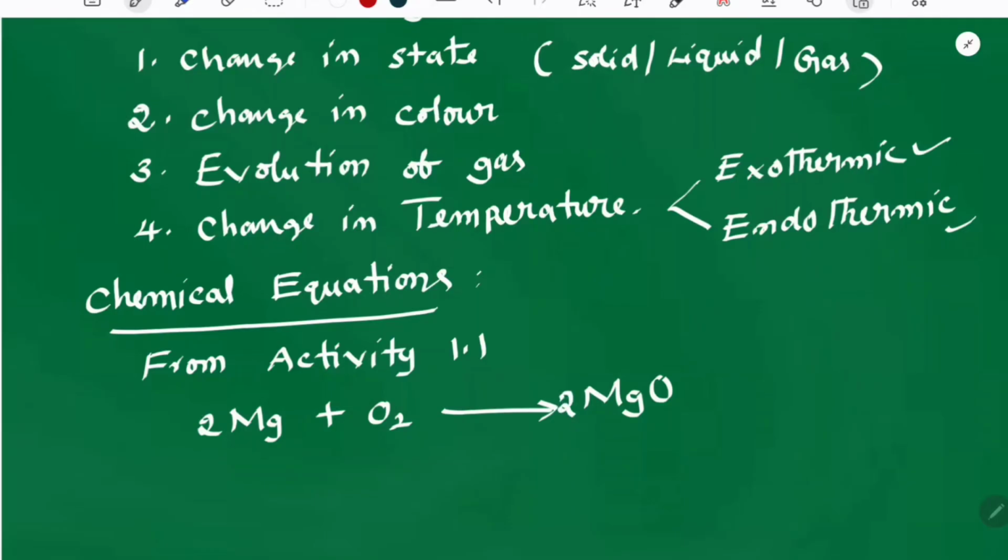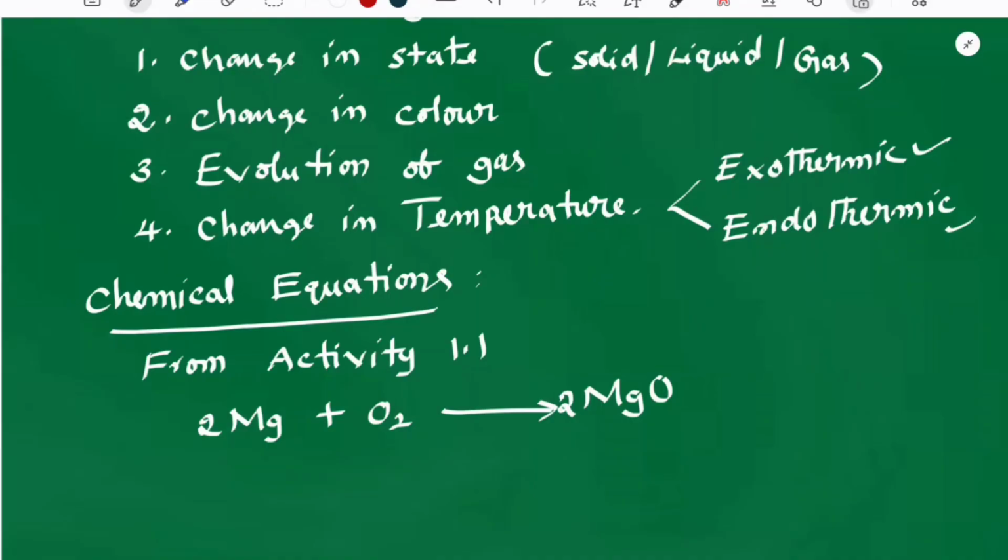If you write this simply as a statement: when magnesium ribbon is burnt in oxygen, it is converted to magnesium oxide. This sentence form indicates the chemical reaction.